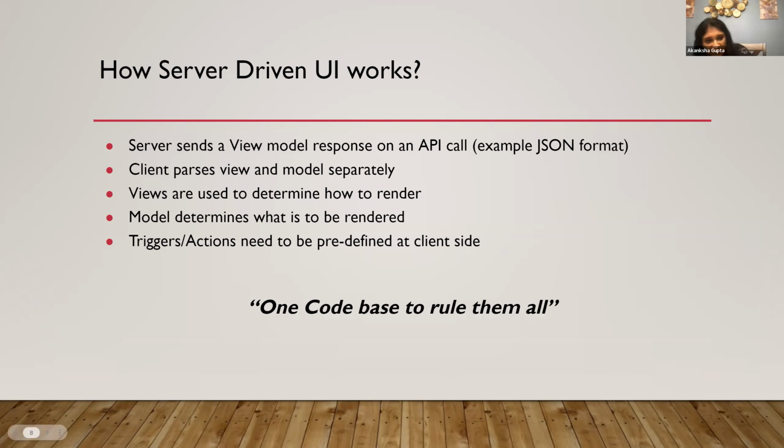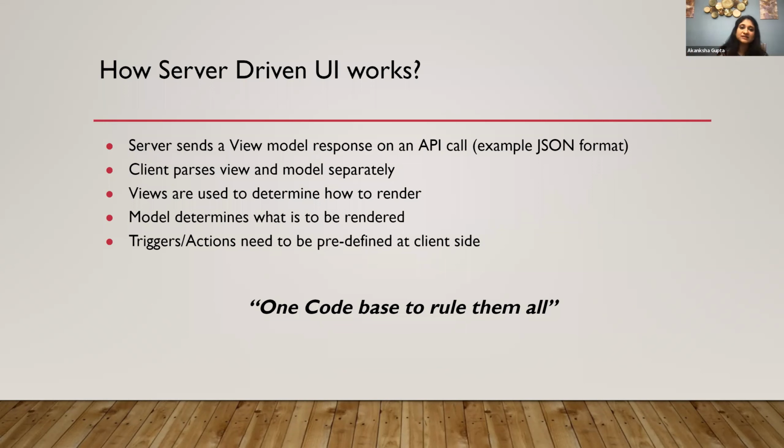Awesome. So let's see how it's done. In a basic setup, the client will send a request to the server that, hey, this is being requested. The server will respond back with the view, which is what needs to be displayed, and also the data model. It can be any format. The most common that I have seen is the JSON format, but you can always experiment and have your own formats.